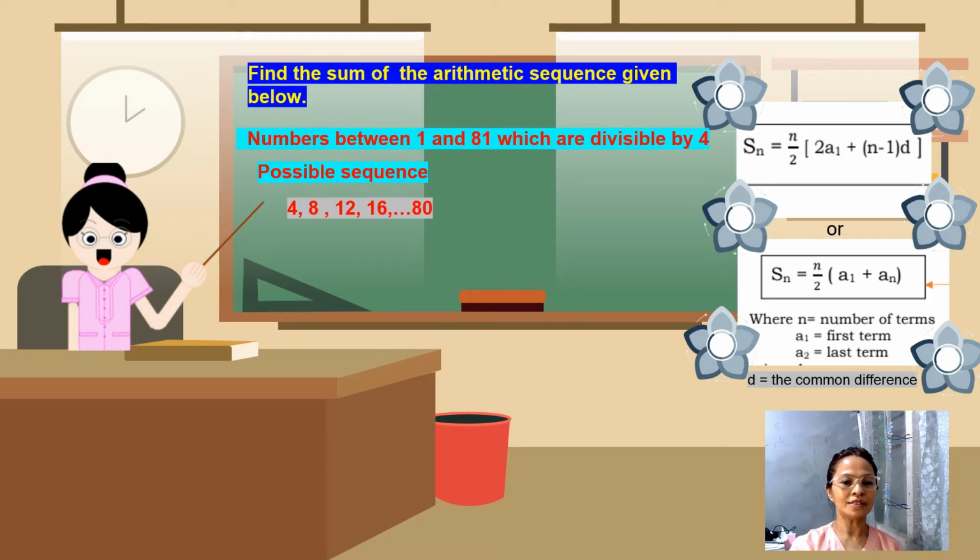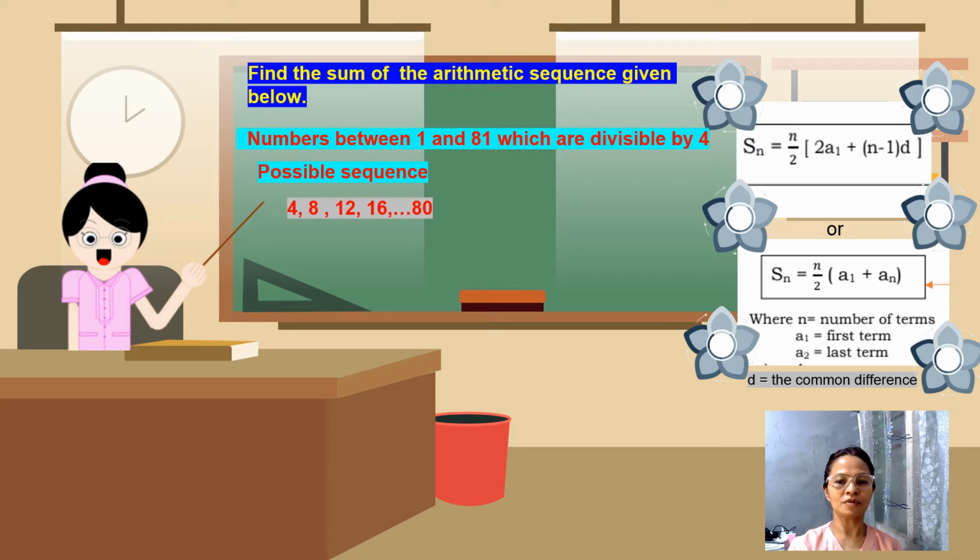Next to 4 is 8, because 5, 6, and 7 are not divisible by 4. Then 12, because 11 is not divisible by 4. After 12 is 16, and then 20, and so forth, until 80.